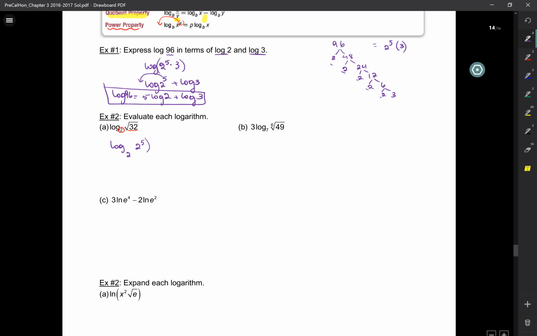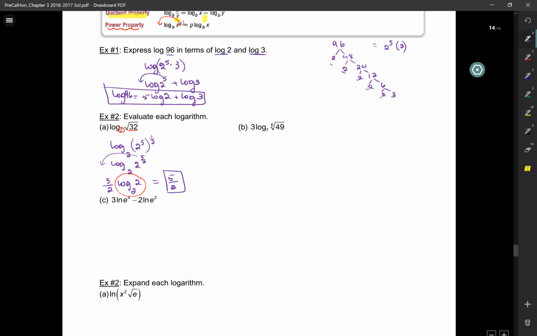It's 2 to the 5, and the square root is just to the power of a half. So this is log base 2 of 2 to the power of 5 over 2. Now the 5 over 2 comes down, and it's log base 2 of 2, and I already know that log base 2 of 2 is just 1, because 2 to the power of 1 is 2, so this entire thing is just 5 over 2.